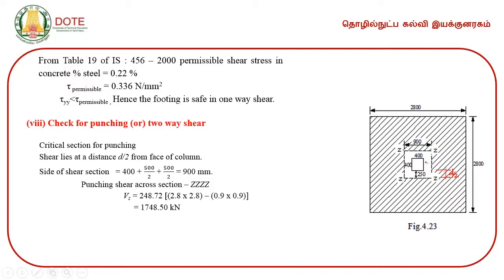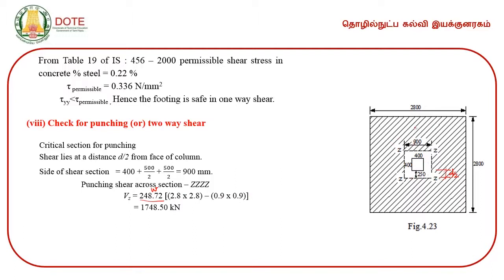So, the punching shear across the section ZZ is equal to the intensity of the net upward pressure W into the hatched area. The hatched area means the total area minus this area: 2.8 into 2.8 is the outer area and 0.9 by 0.9 is the inner area.